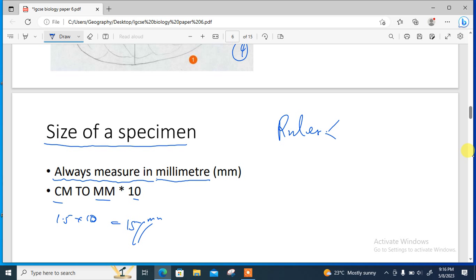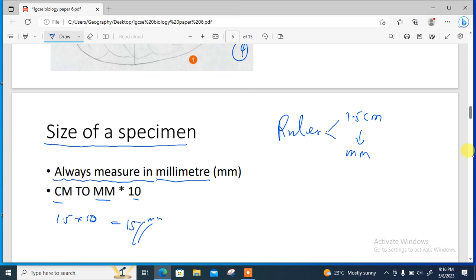However, sometimes you might know this conversion, and when you get to the exam hall, because of exam pressure, because of stress and the rest, you might just measure 1.5 in centimeters and forget that you need to convert it to millimeters. So always try to remember that every measurement you're going to do in this exam tomorrow, your answers should be in millimeters.